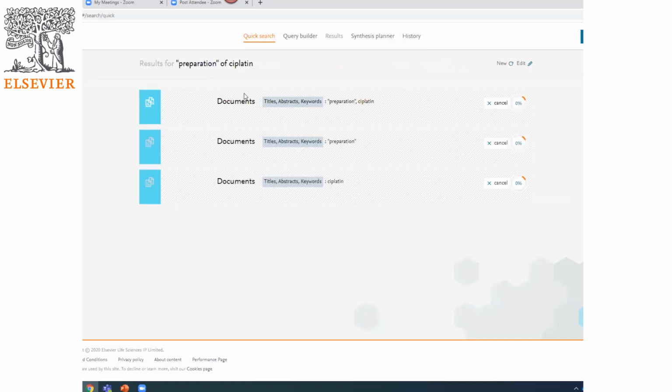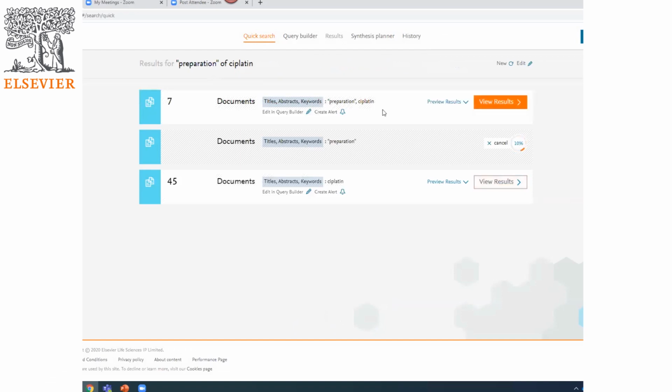What's happening right now? You see, I typed cisplatin incorrectly, and as a search result, we got only 45 documents. So we can understand that something went wrong. It's quite a popular compound, and we need to change our search. How can we do it? One of the options is to click here, to click edit.